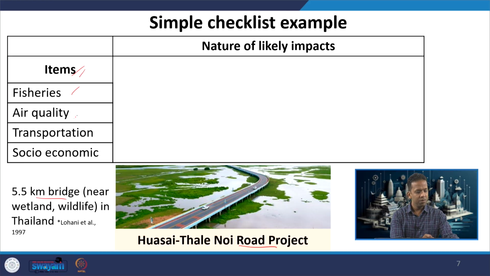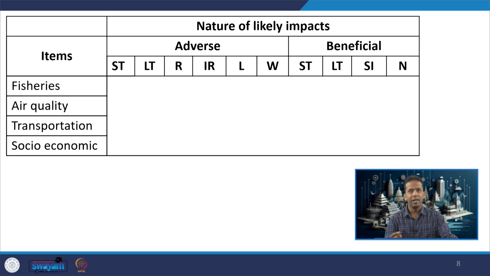So fisheries, air quality, transportation, some socio-economic activities, and on the x axis, or the side columns, we have nature of likely impacts. It can be adverse or beneficial.